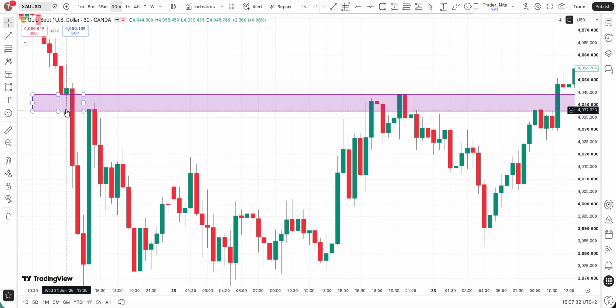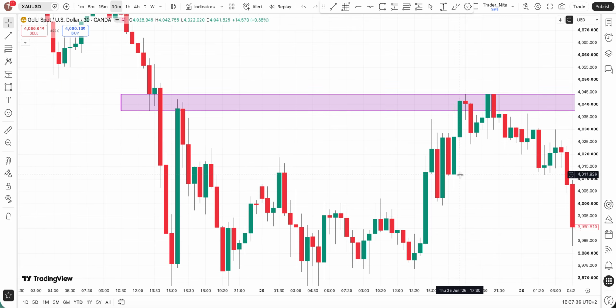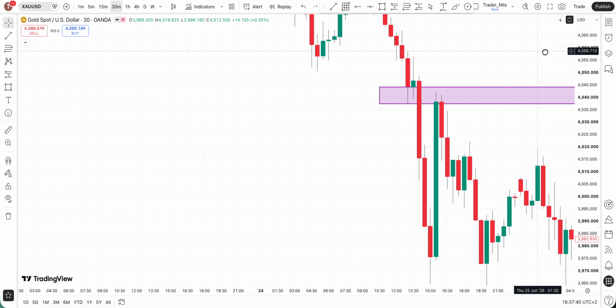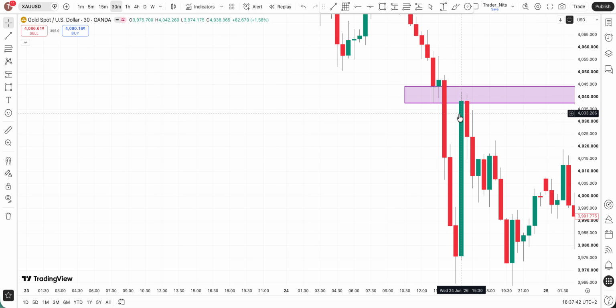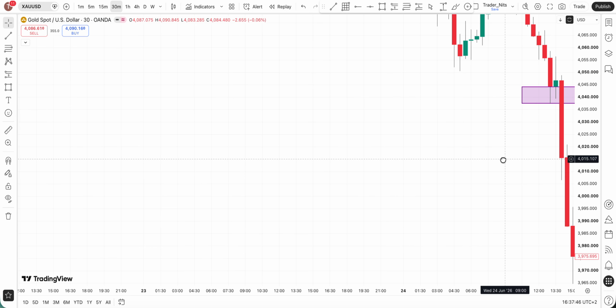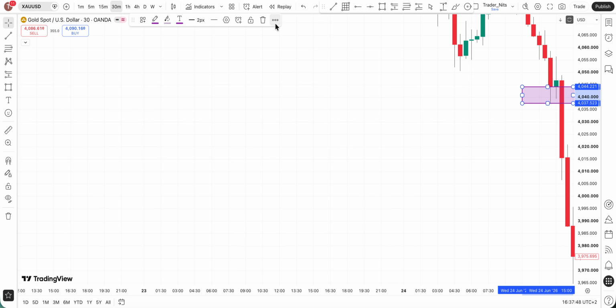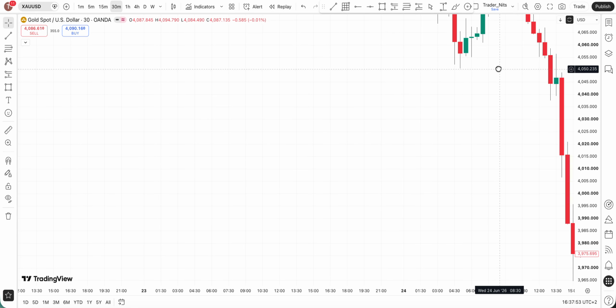And then the price came here. If we ignore this green candle, I didn't know where the price will go, but I will keep marking the levels.